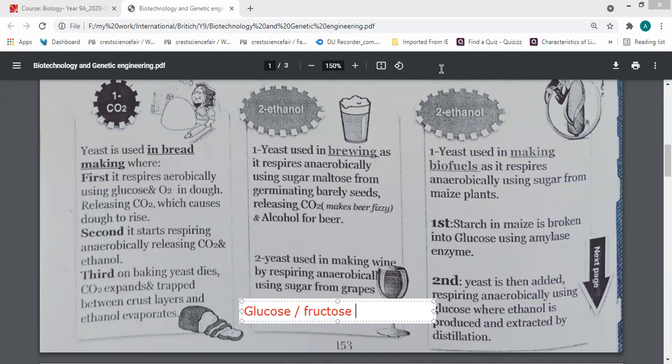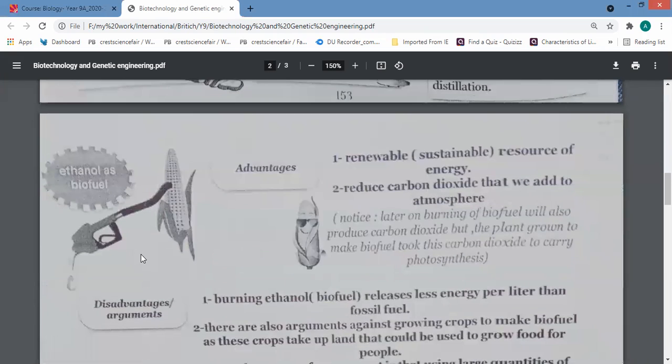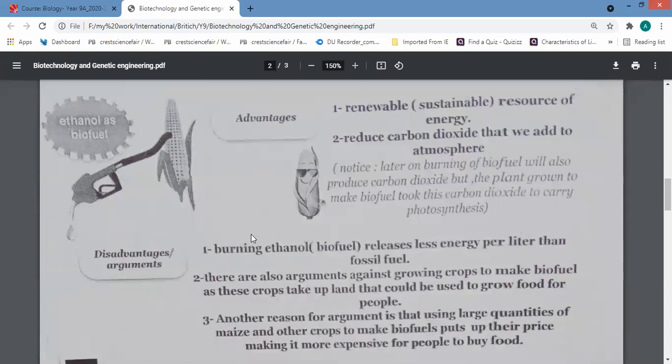Next point, the disadvantages and advantages of using biofuel instead of fossil fuel. The first one, the advantages of using biofuel, ethanol biofuel from the yeast fungus.